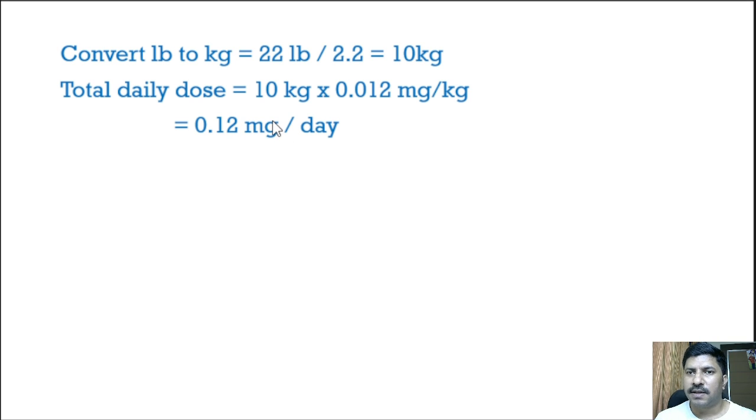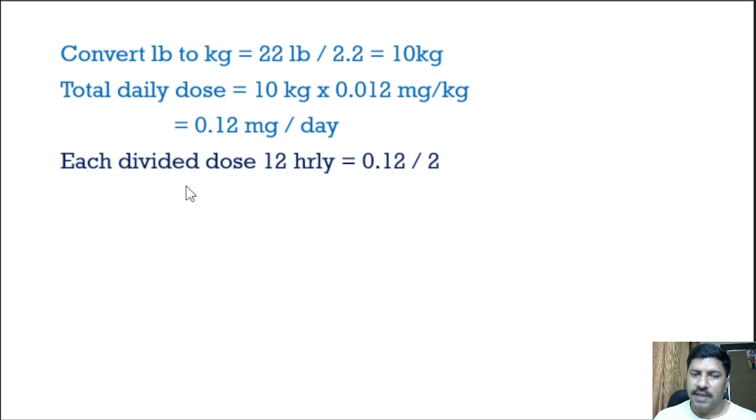But the question asks to give 2 equally divided doses, that is 12-hour frequency. To get a 12-hour frequency dose, the total daily dose is divided by 2. 0.12 divided by 2 equals 0.06 milligram per dose. Each dose is 0.06 milligram.